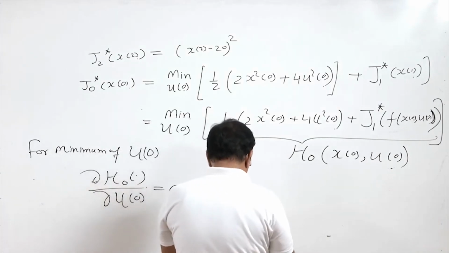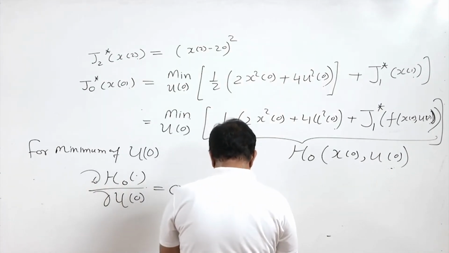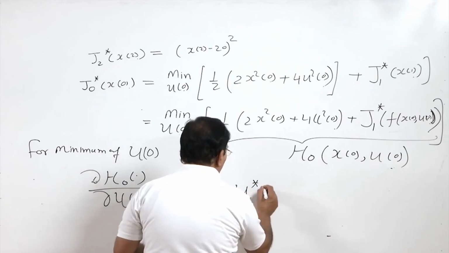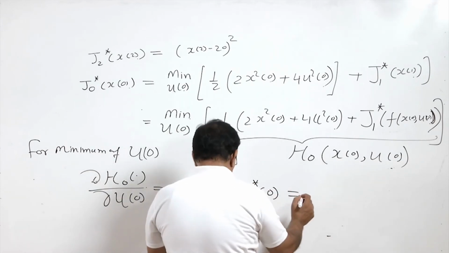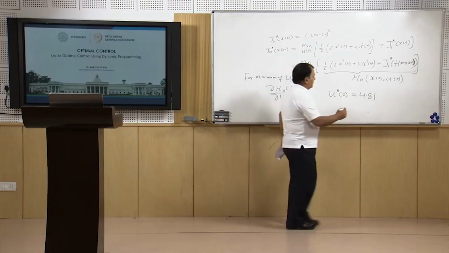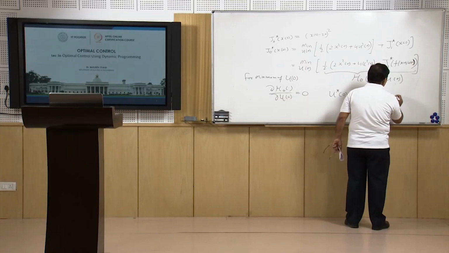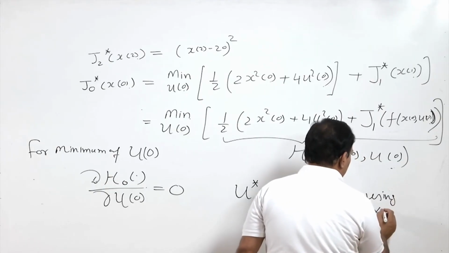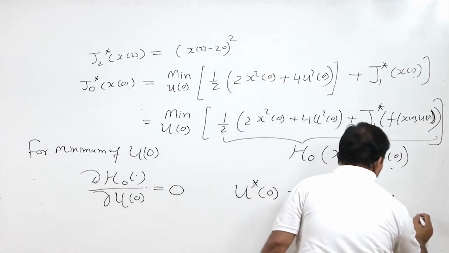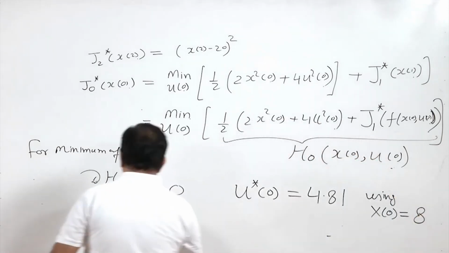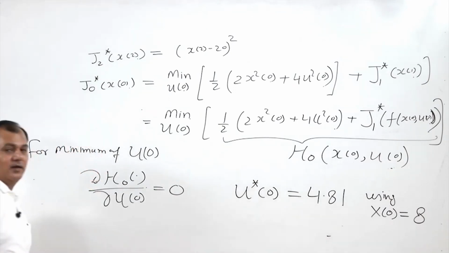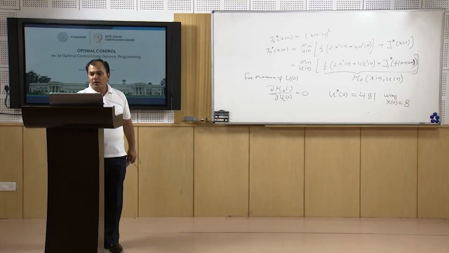Once you solve this equation, you will get the optimal value using x0, which is given as 8, because this whole equation is in terms of u0 and x0. x0 is already given.